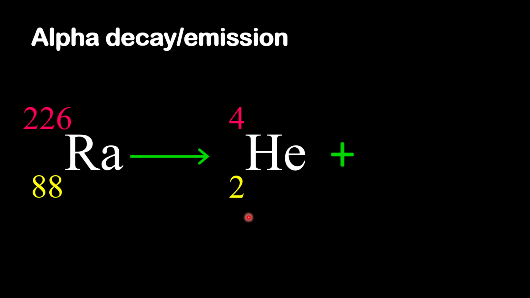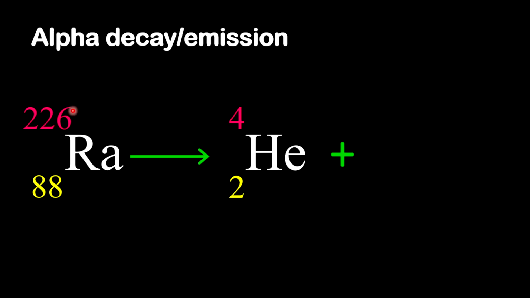If you give off 4, you can look at it both ways. You can look at what is required with 4 to give you 226, or the easiest way, 226 minus 4. Why? Because it gives off the 4. The arrow means it is given off. It is what is being produced. So 4 is being produced as a mass number, and the remaining atom will have the remaining mass.